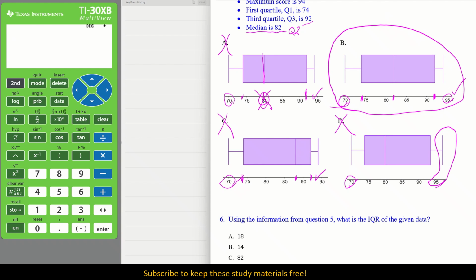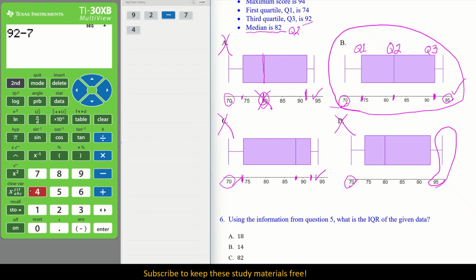Because remember we had Q1, Q2, and Q3. So looks like we have 92 minus 74. Yes, 74.